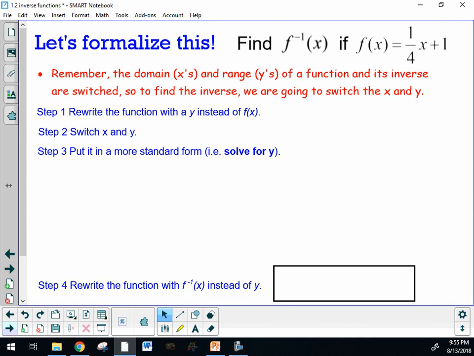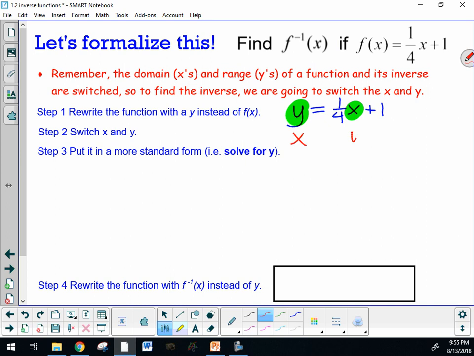The first thing we're going to do is we're going to not use function notation. We're going to actually put y in our equation for f of x. And then we're going to physically switch the x and y. That is, wherever you see a y in an equation, you're going to put x, and wherever you see x, you're going to put y.